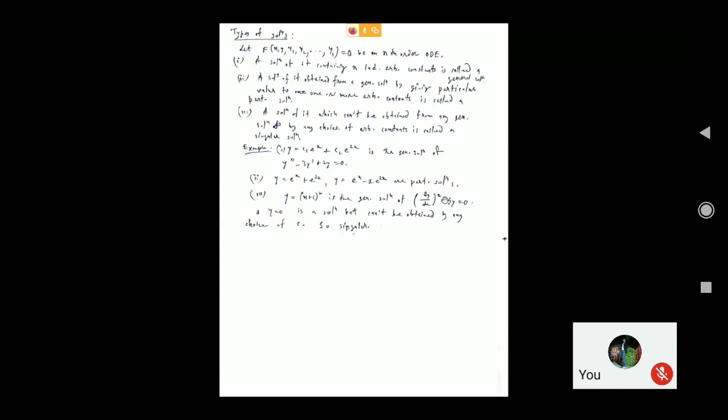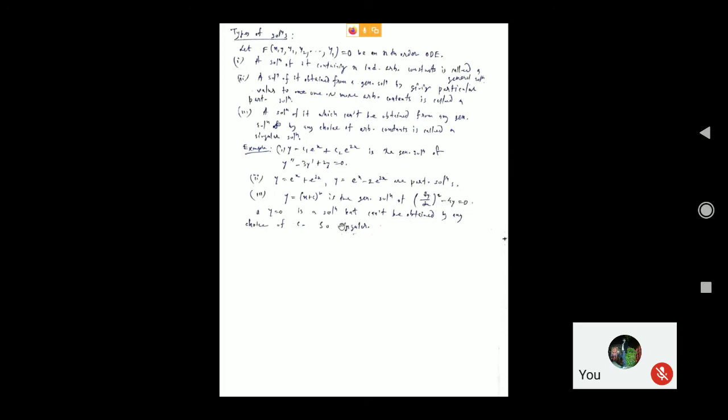Again, if we solve this differential equation, we get this general solution. Now, y = 0 is also a solution of this differential equation, because you can very easily see that y = 0 satisfies it.